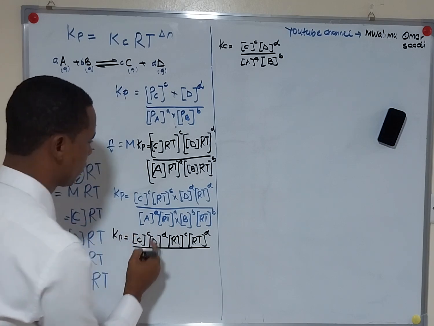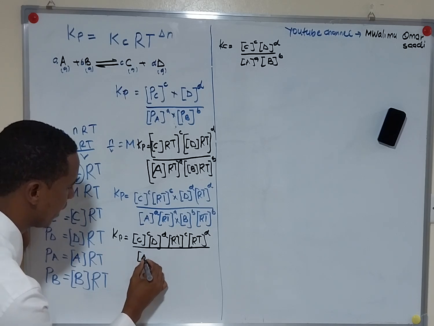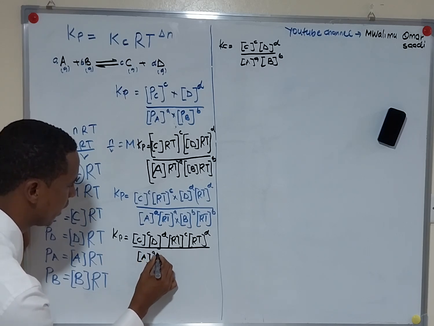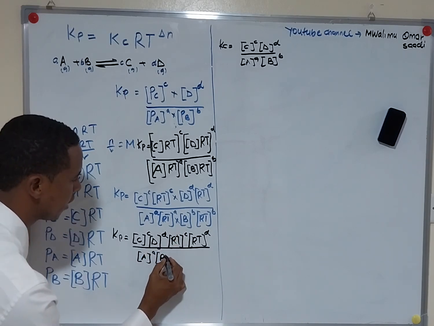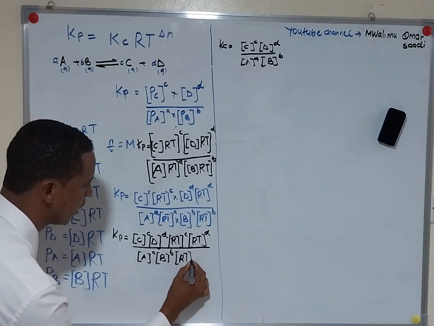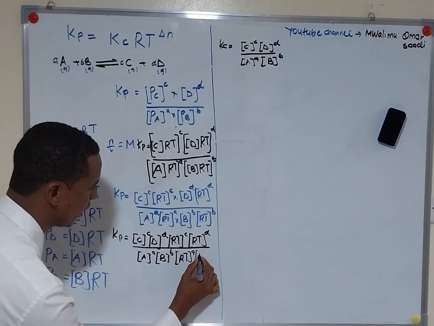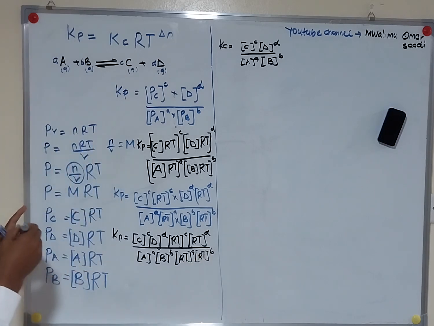Then let's also rearrange this one. We'll have the concentration of A raised to a times the concentration of B raised to b, then RT raised to a times RT raised to b.